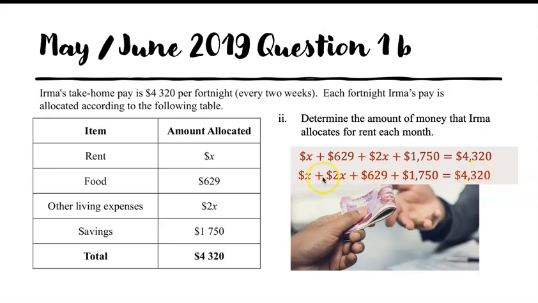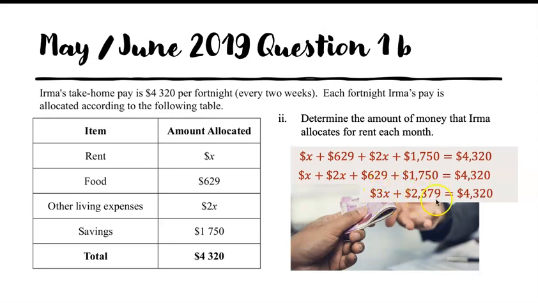Now, add like terms. When it's X dollars, it's really 1x. In algebra, we don't write 1x. So 1x plus 2x gives us 3x, and 629 plus 1,750 gives us 2,379.